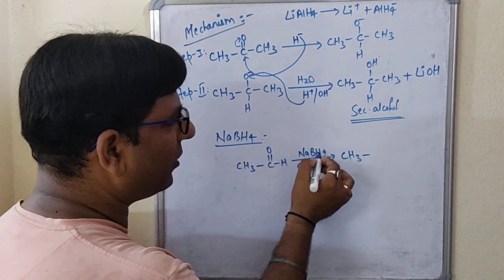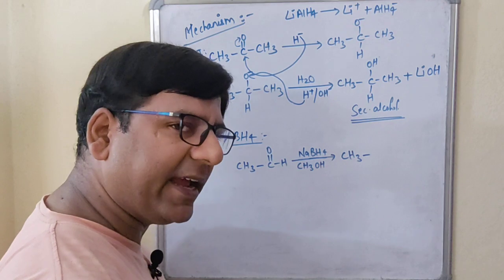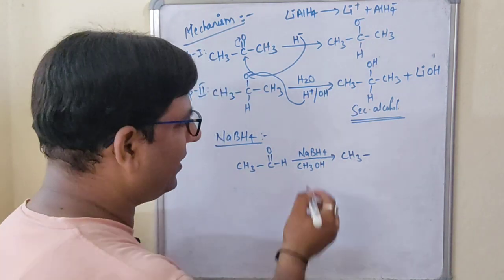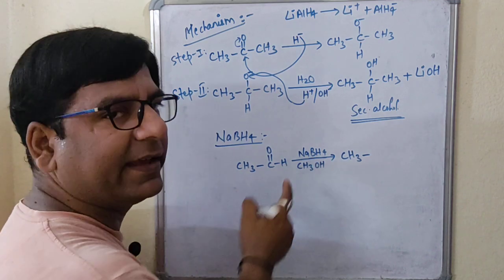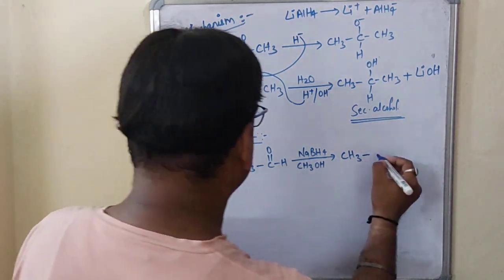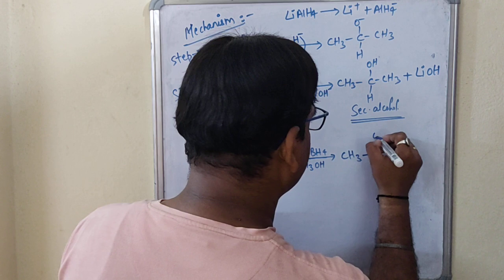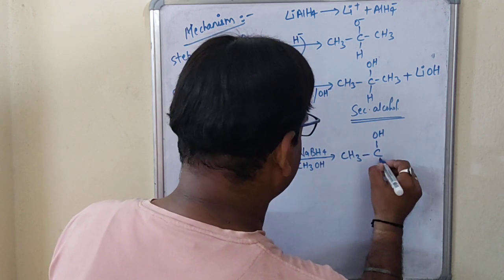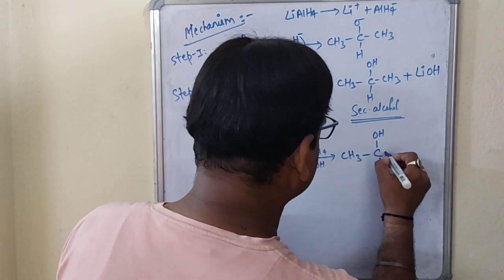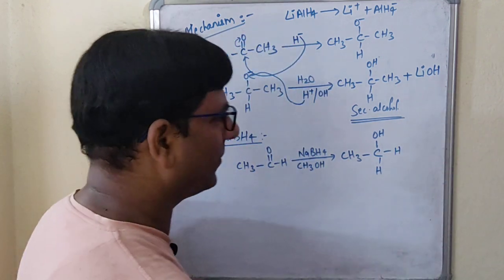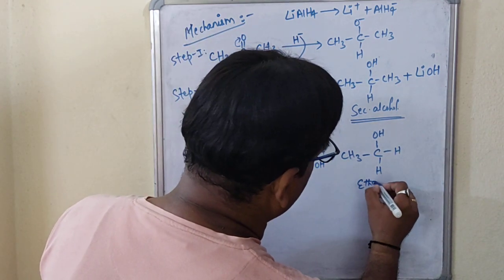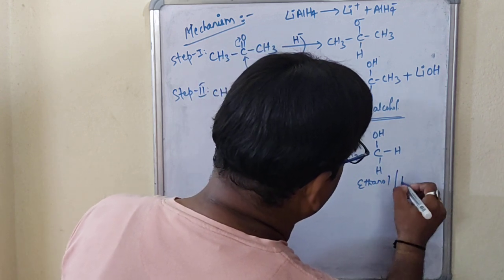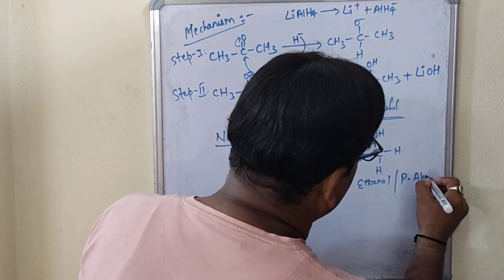You know, from sodium borohydride also you can generate the H minus. We will use the H minus as we have used here. The same way we will use H minus here. H minus will come, so here it will be OH, here it will be the hydride that you have attached, and here it is H. This is the ethanol, or you can write it as primary alcohol.